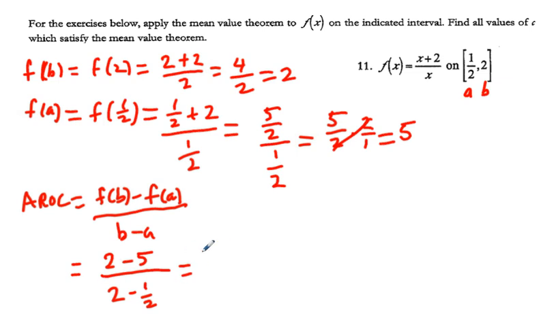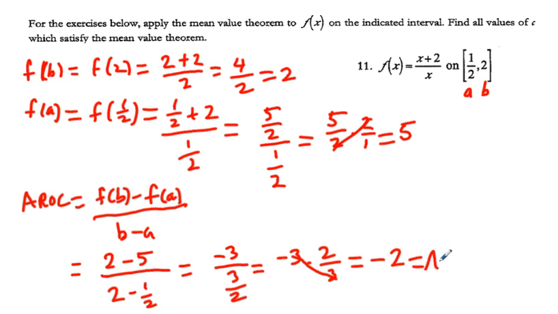This simplifies to negative 3 in the numerator. In the denominator, 2 minus 1/2 is 3/2. This equals negative 3 times 2 over 3. Canceling out, we have negative 2 as our AROC.